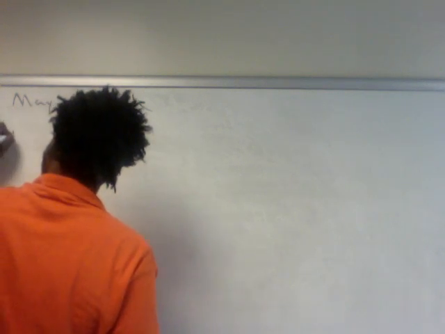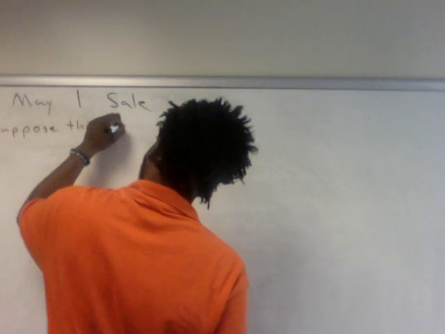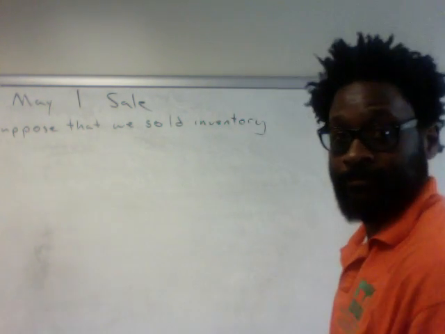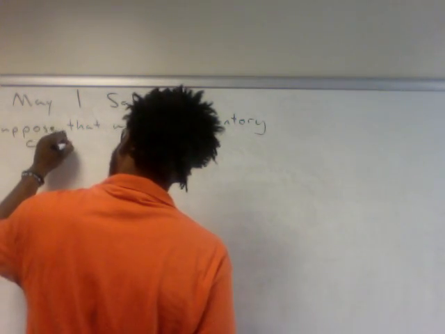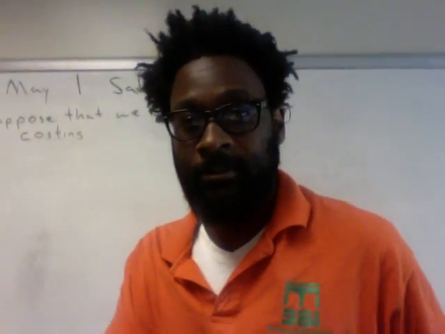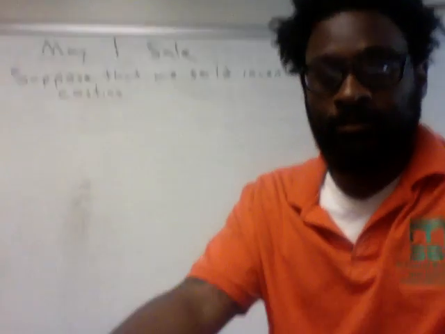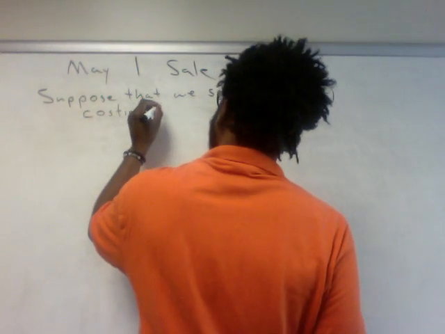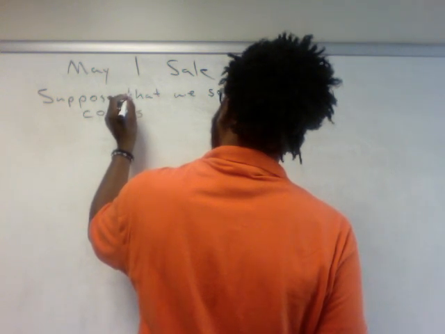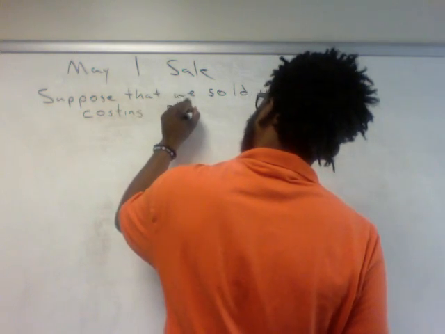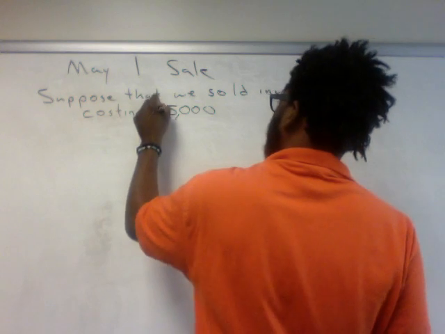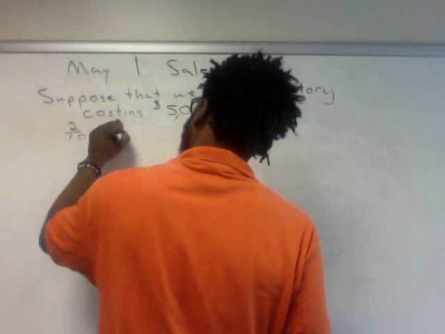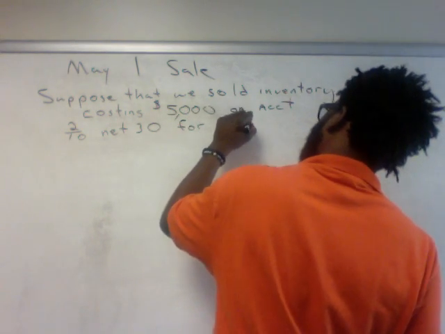Suppose that we sold inventory costing $5,000 on account, 2/10 net 30, for $10,000.